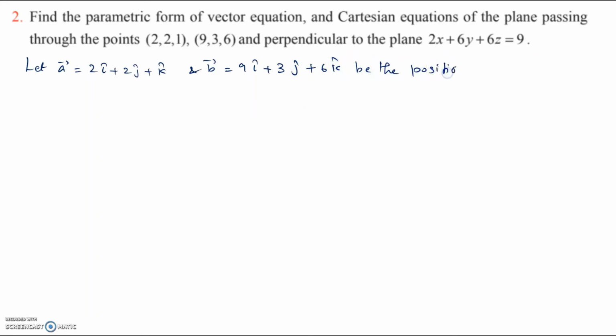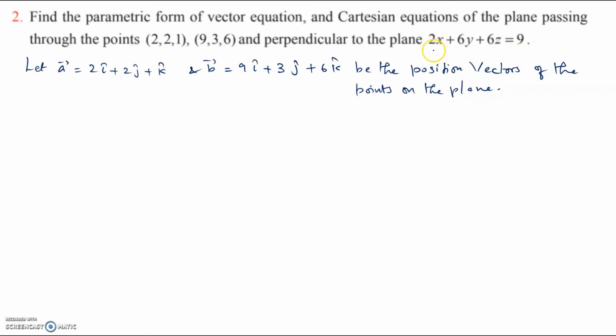be the position vectors of the points on the plane. Then further we can say that since the plane is perpendicular to this plane, if we take l, m, n, which is 2, 6 and 6, they will be the direction ratios of the perpendicular vector to this plane.